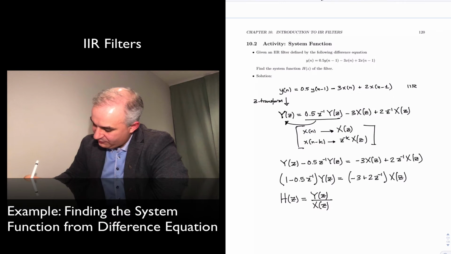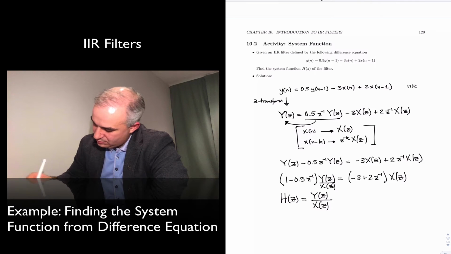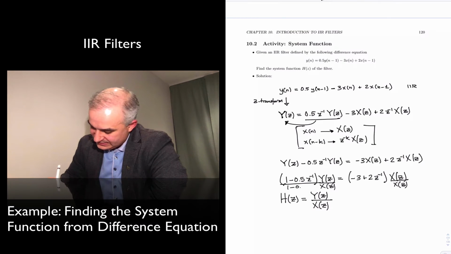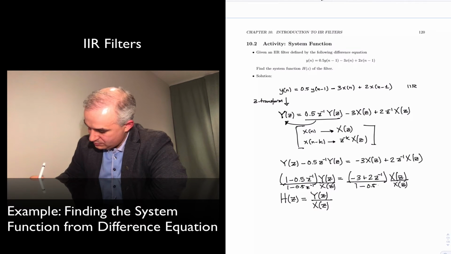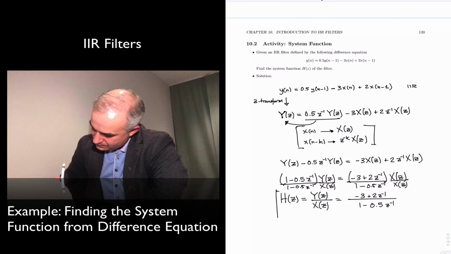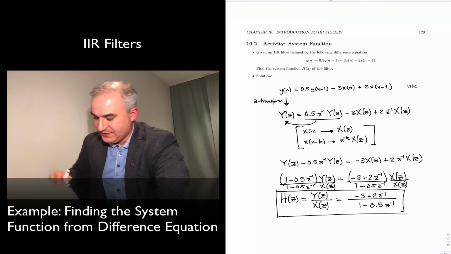And so over here, if we divide both sides by X of z, and then we divide both sides by this same factor, we end up with minus 3 plus 2 z to the minus 1 over 1 minus 0.5 z to the minus 1. And so this is our system function here.